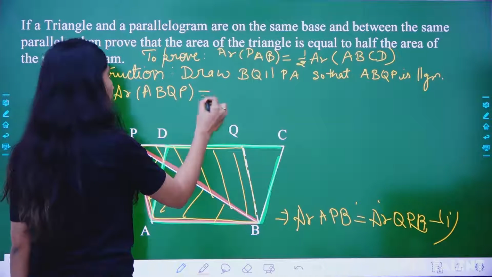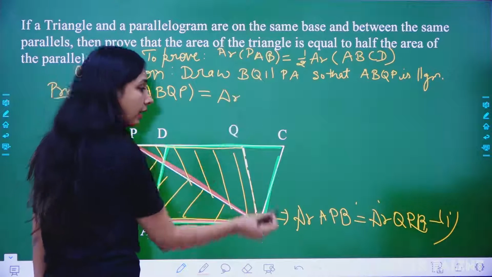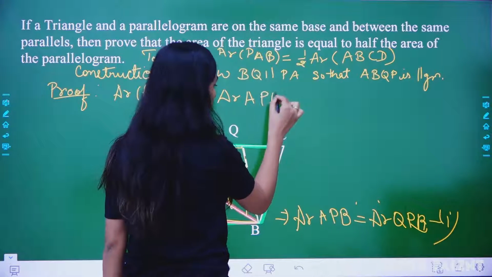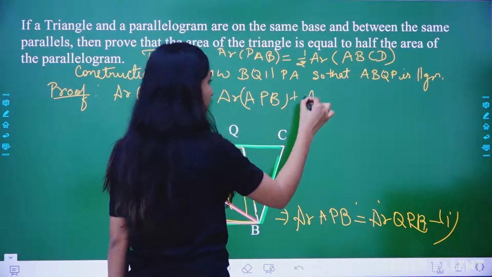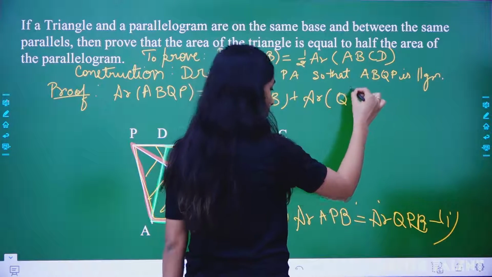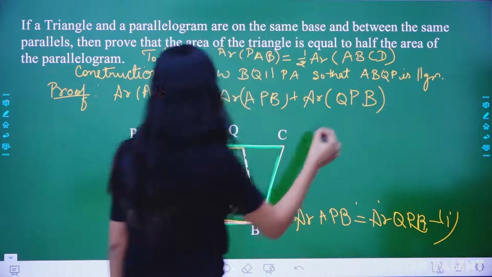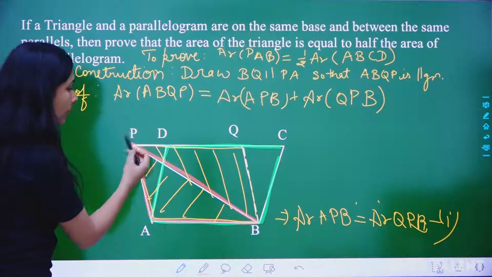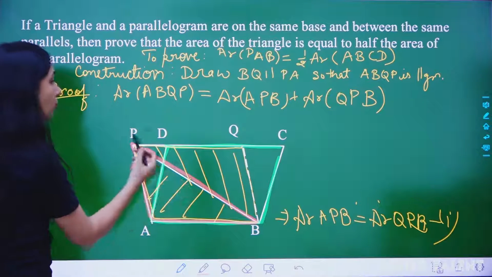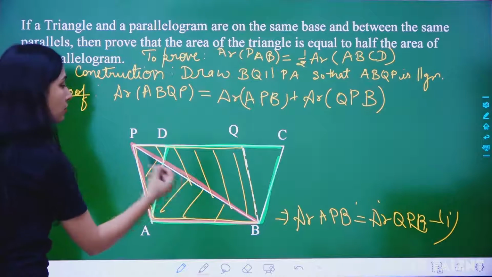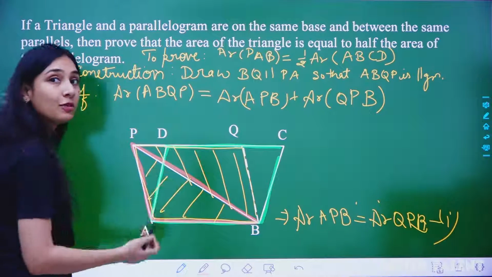ABQP is equal to area APB plus area QPB. These two triangles are making this complete parallelogram.